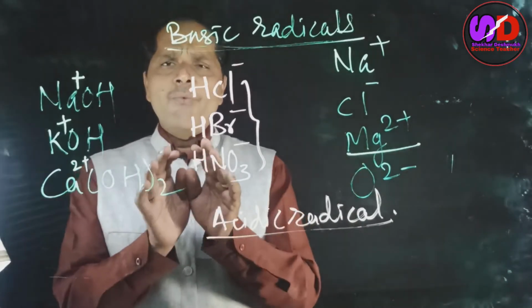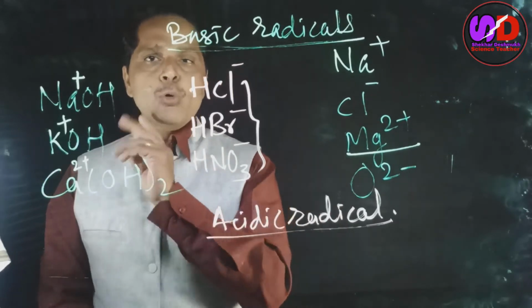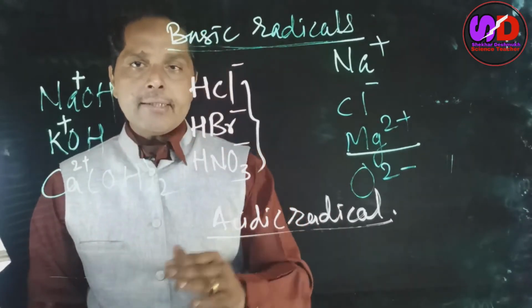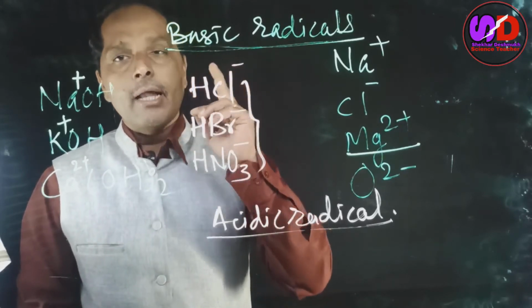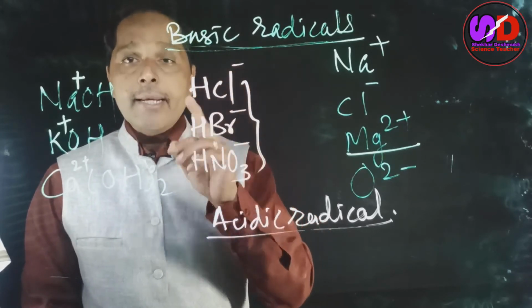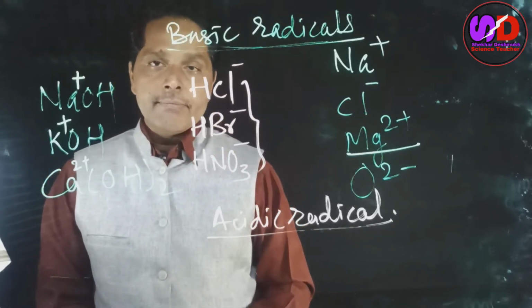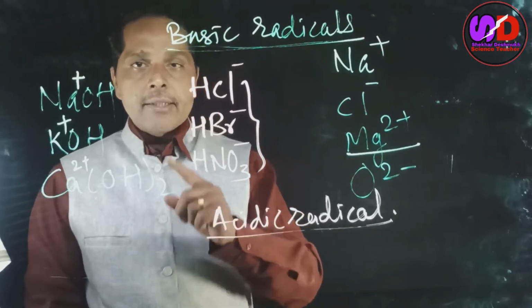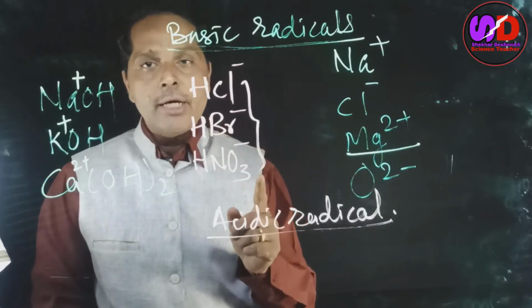So it is very easy to understand. We divide the radicals into two groups only: basic radicals and acidic radicals. Basic radicals are always metallic radicals, that means cations having positive charge. Acidic radicals are anions having negative charge.